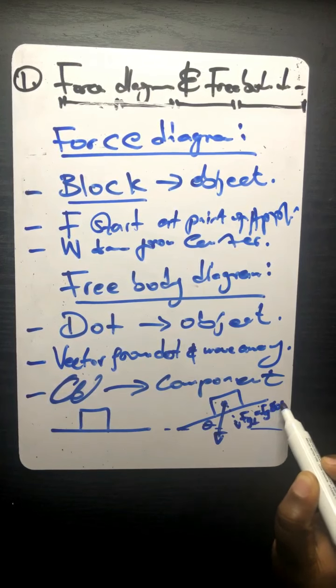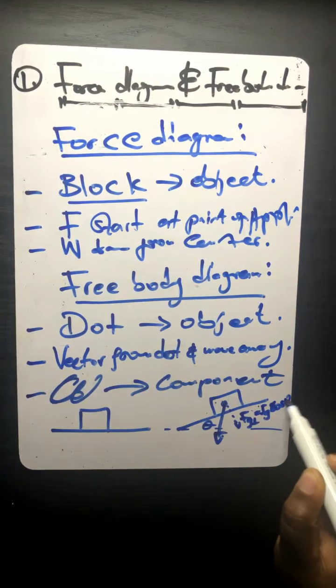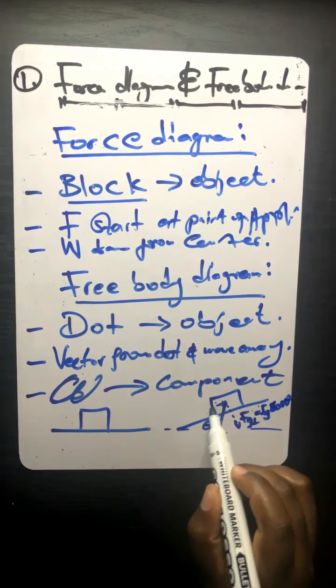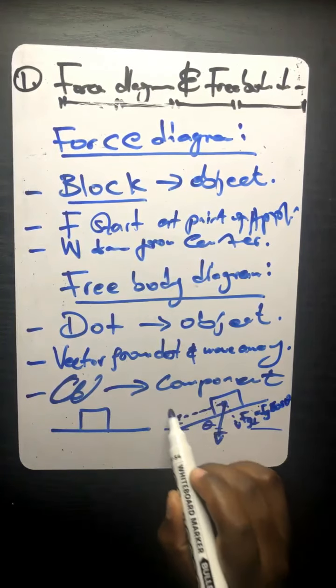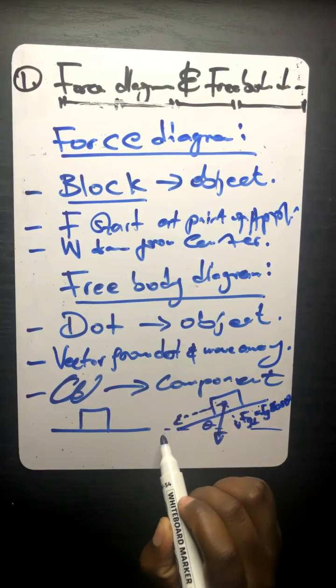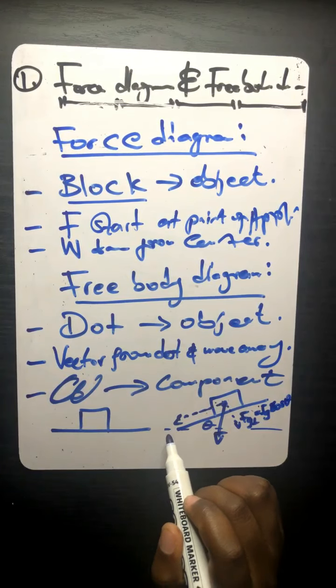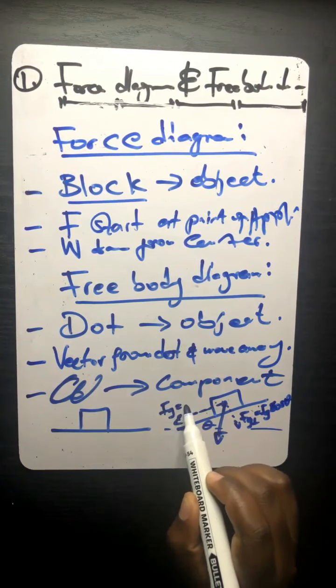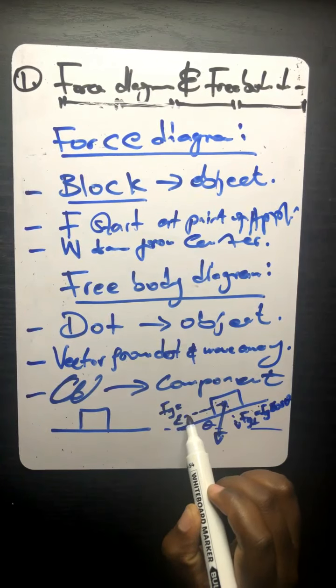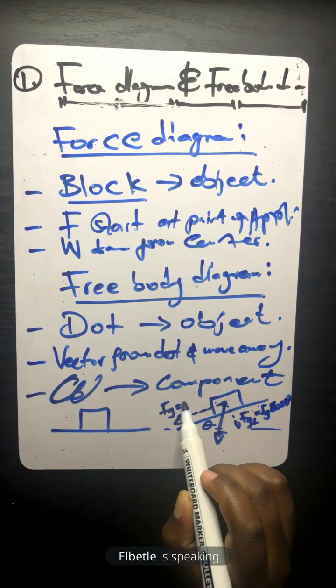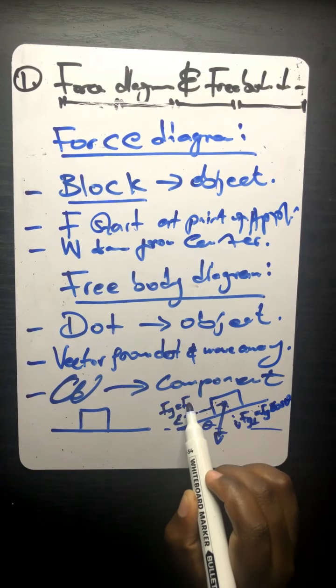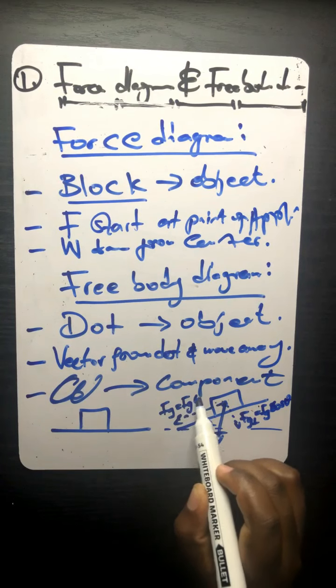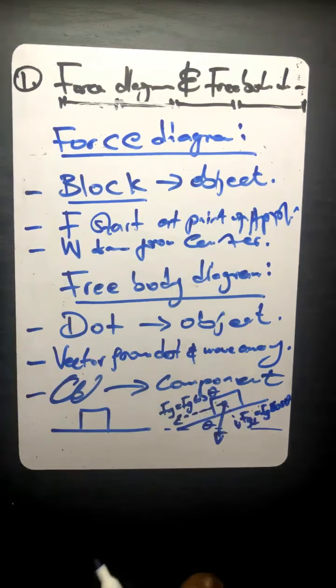I think this one was cos of the angle. Just make sure I'm correct on that. And this one, what was it, guys? I think FG equals... oh yes, this one was cos. So it's FG cos of the angle, 100%.